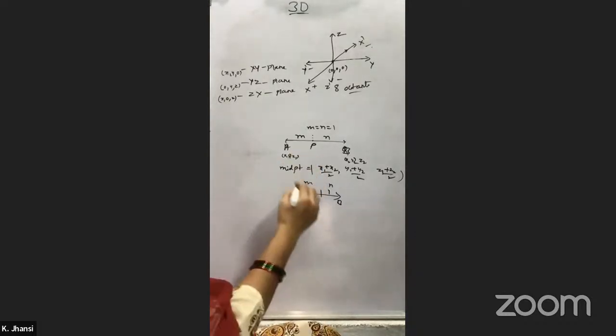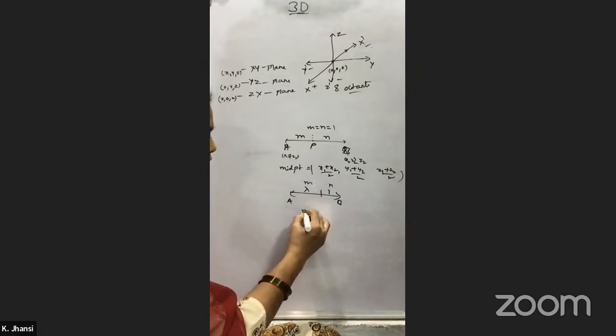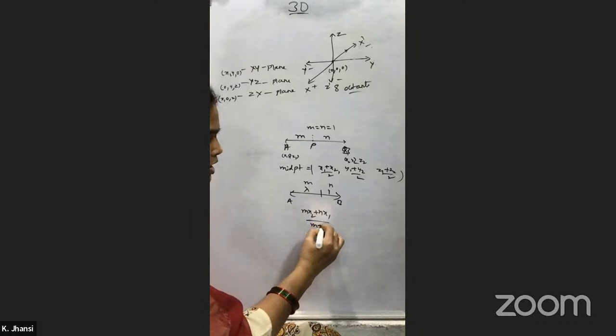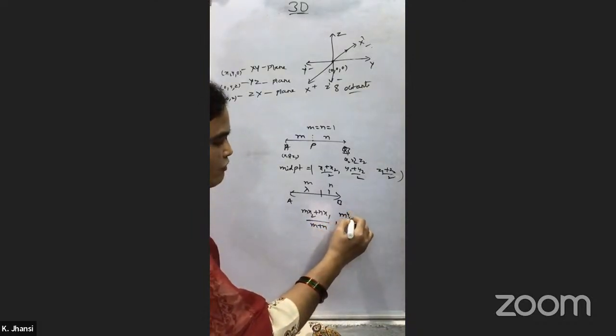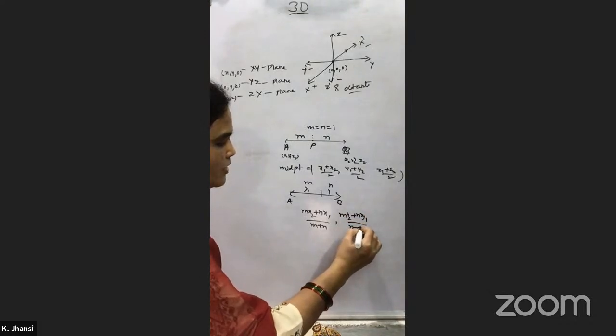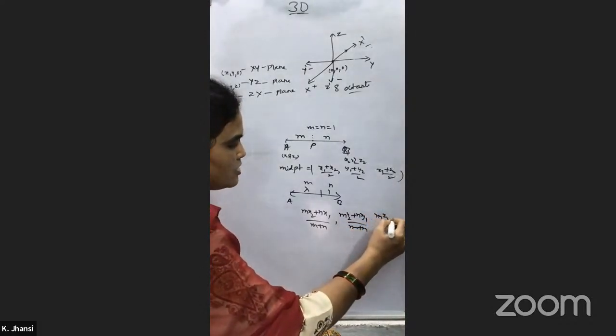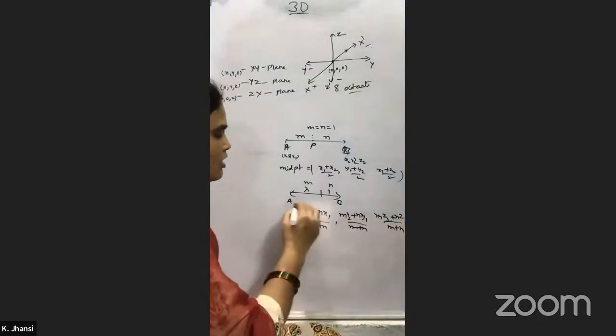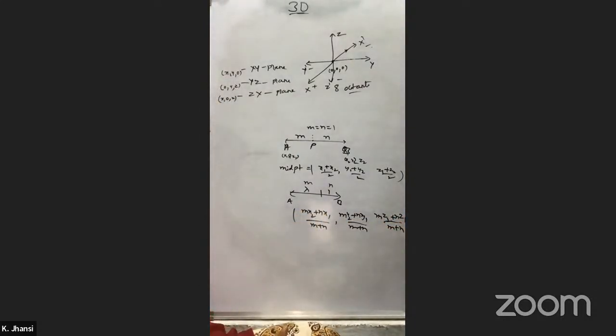Above you have it, no? So whenever it is divided like this, we take mx2 plus nx1 by m plus n, my2 plus ny1 by m plus n, mz2 plus nz1 by m plus n. Okay. So we get the coordinates of the point R like this.